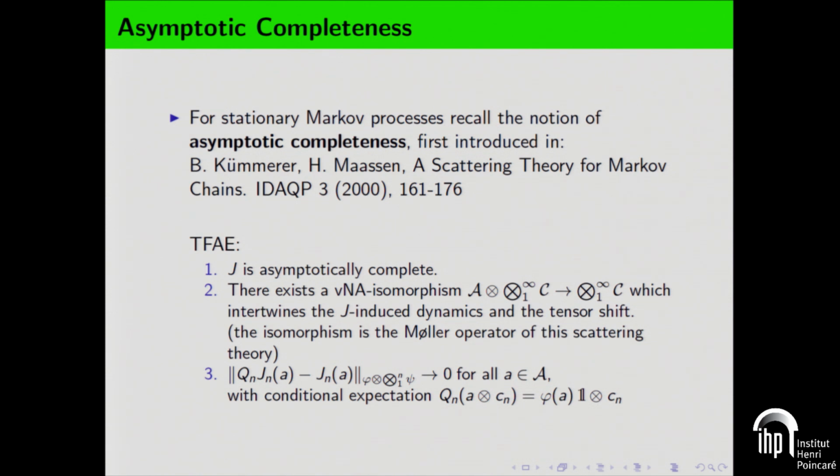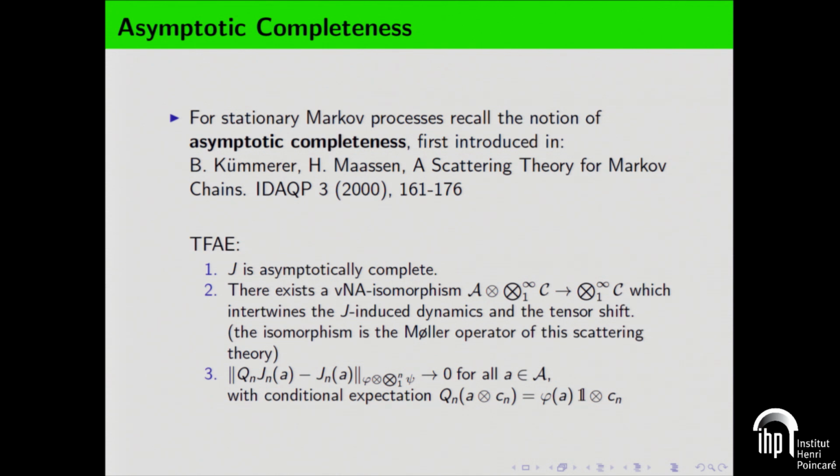You can study when this is possible, and a bit more concrete condition, which is equivalent, is stated as number 3. It says that the difference between J^n of A and Q_n of J^n of A, where Q_n is just the conditional expectation you get by evaluating the state phi on A, and if n goes to infinity, that's the limit here, then this norm becomes small.